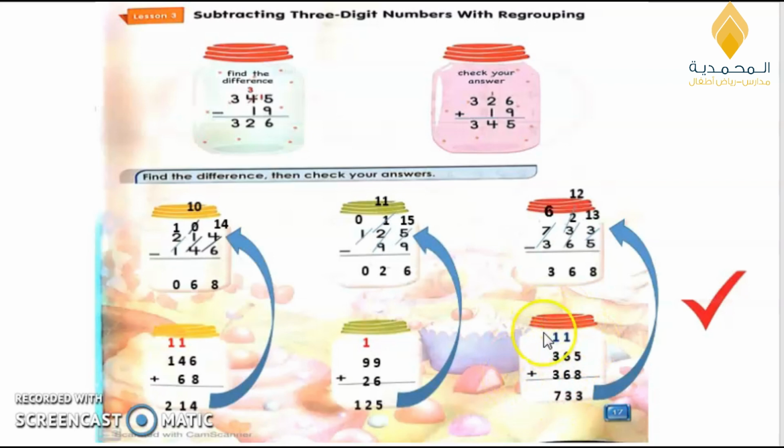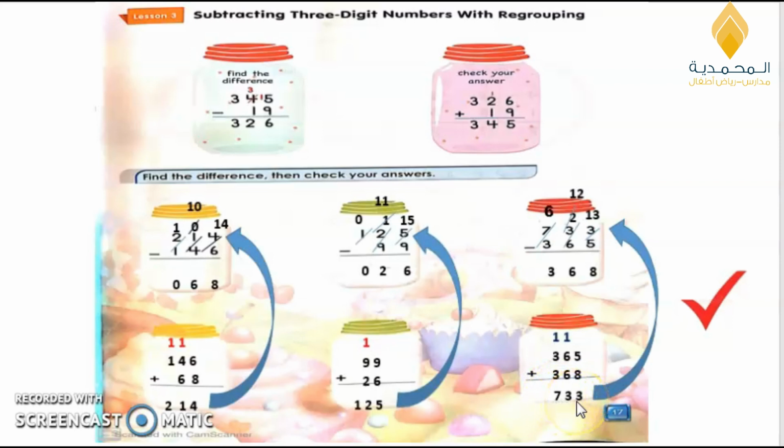I'm going to go ahead and check if my answer is correct or not. This is the checking jar. Okay, as I mentioned before, add this number to this number. Look, 365 plus 368, and add them together. 5 plus 8 is 13. 1 plus 6 is 7. 7 plus 6 is 13. 1 plus 3 is 4. 4 plus 3 is 7.